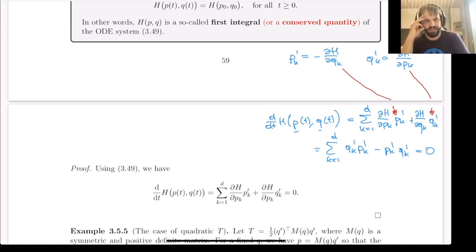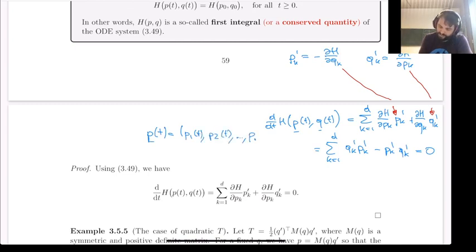Are you not able to unmute yourself? Then it's a bit easier to communicate maybe. How do we get the pk and qk when we take the derivative regarding t from p and q? So p is a function of t. So the vector p of t is p1 of t, p2 of t, all the way to pd of t.